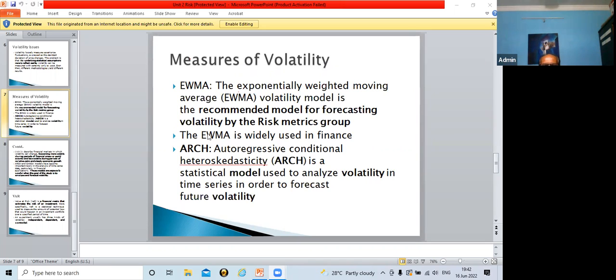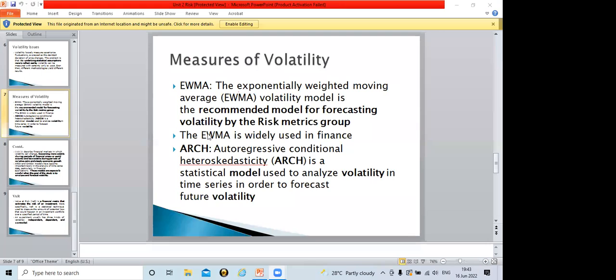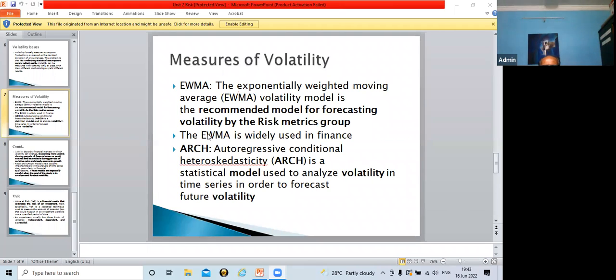Which tool is being used for measuring volatility? Can you answer me? In finance, which tool is being used? So EWMA. Yes, EWMA. Please remember this, because this kind of answer is one sentence.